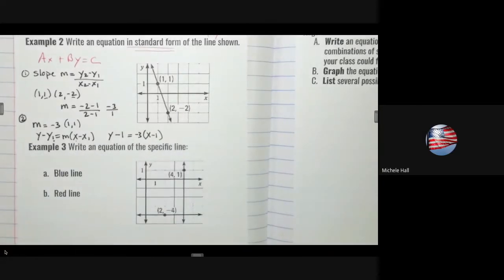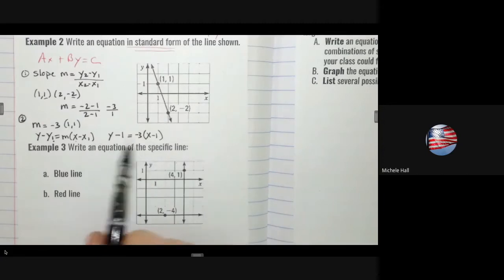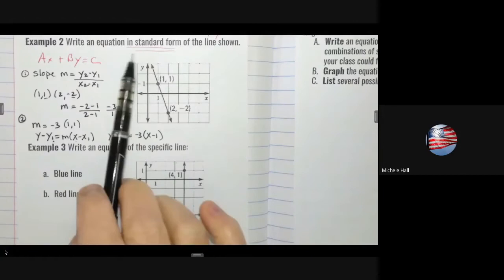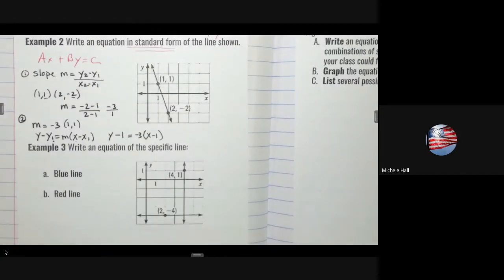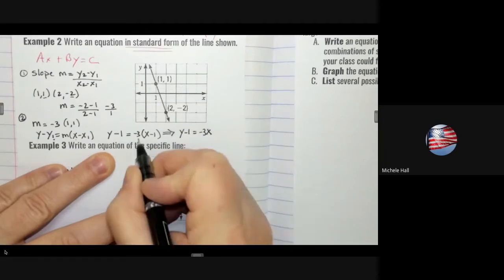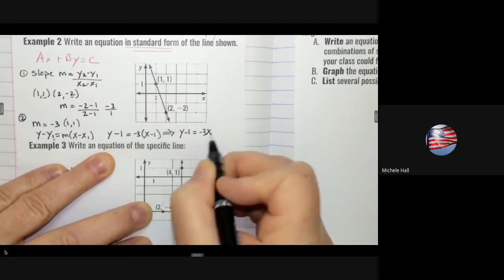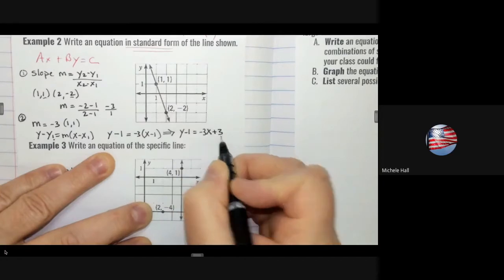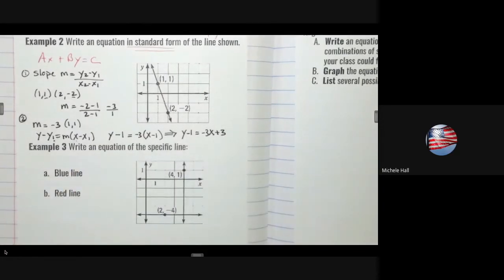Can I leave my equation in this form? This is point slope form. Everything's simplified. I'm done. The direction said standard form. We need to keep simplifying. So negative 3 times x is negative 3x. Negative 3 times negative 1 is a positive 3. All right.